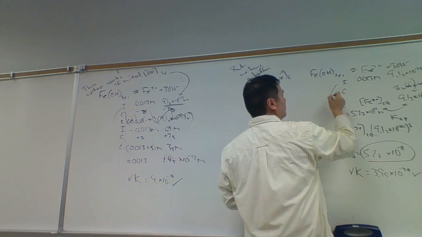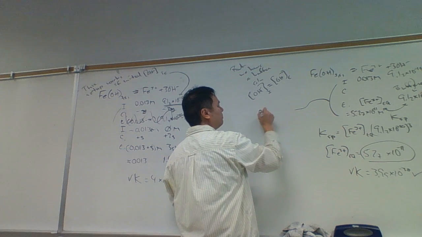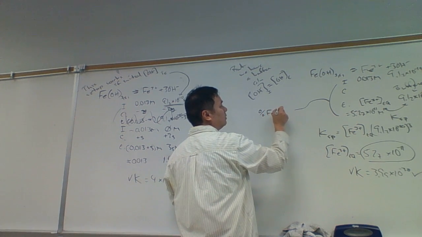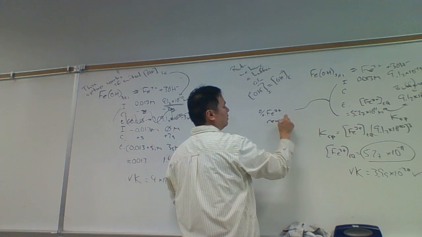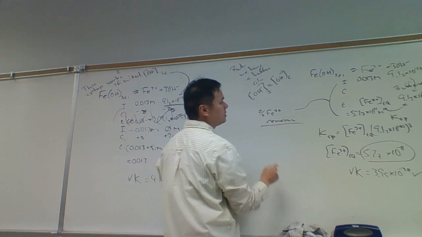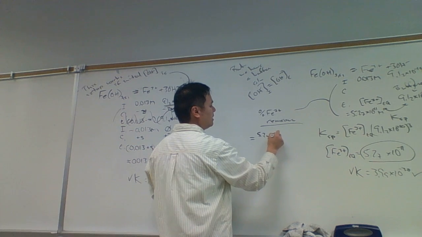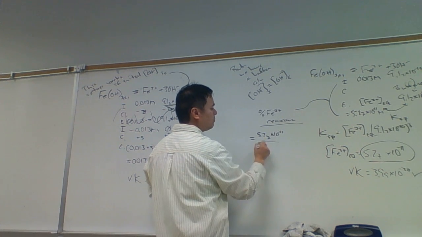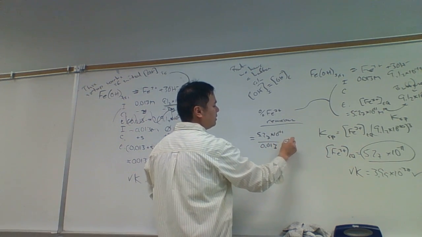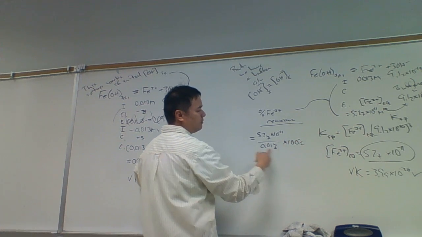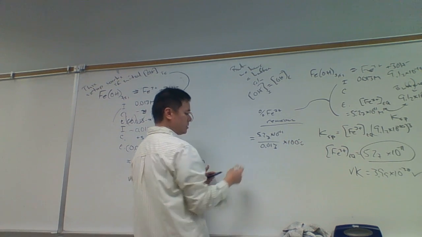And so what we can do is we can calculate the percent iron remaining. The percent iron 3 plus that remains is equal to 5.27 times 10 to the minus 11 divided by the original amount, 0.013 times 100%. And so we started off with this much in solution, we end up with this much in solution.